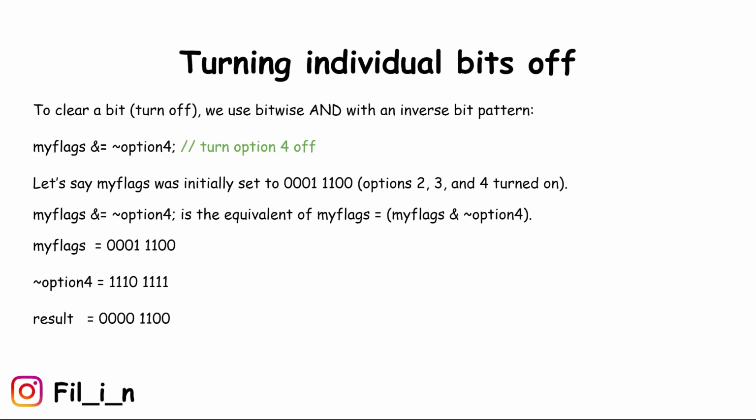Let's say myflags was initially set to 00011100, options 2, 3, and 4 turned on. myflags &= ~option4 is the equivalent of myflags = (myflags & ~option4). myflags = 00011100. ~option4 = 11101111.